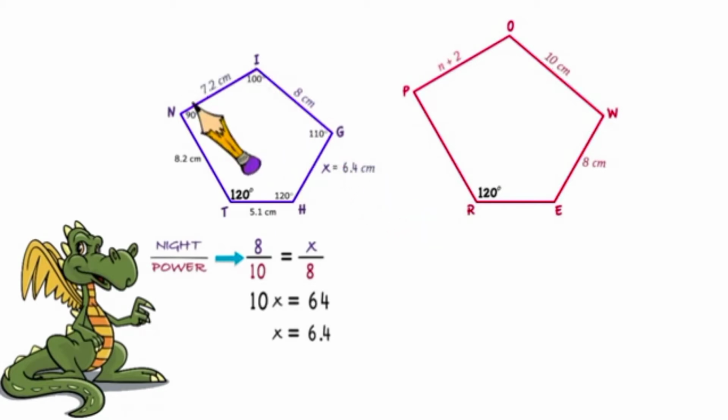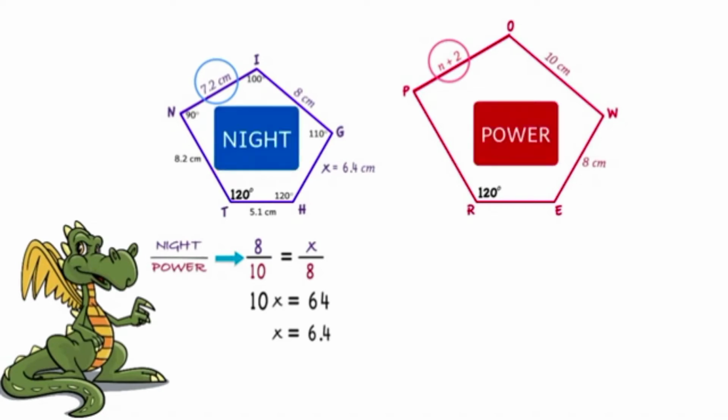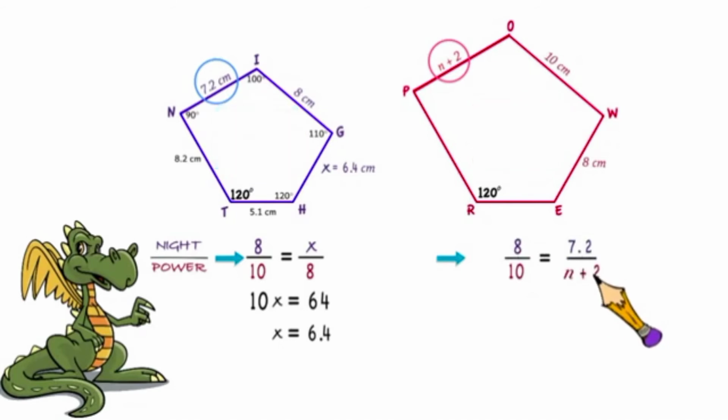We are told that NI is 7.2 centimeters and PO is n plus 2 centimeters, and we wanted to find the value of n. Again, we will set up our similarity ratio. Remember, we are still looking at NIGHT and POWER, so our ratio is 8 to 10, and 7.2 and n plus 2 are the measurements of the corresponding sides.